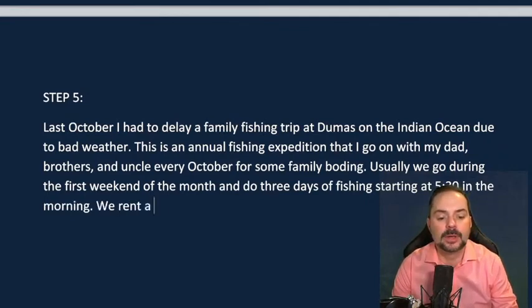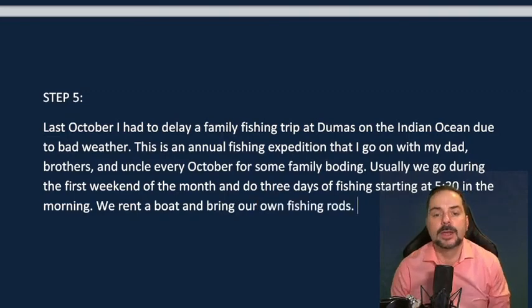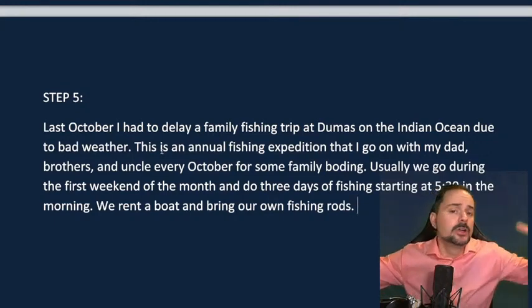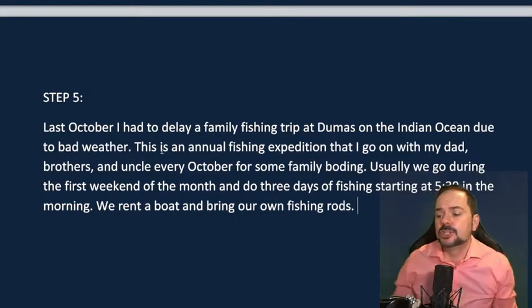We rent a boat and bring our own fishing rods. Okay? So I'm just kind of visualizing here. My brothers, my uncle, my dad together going on this annual fishing trip.